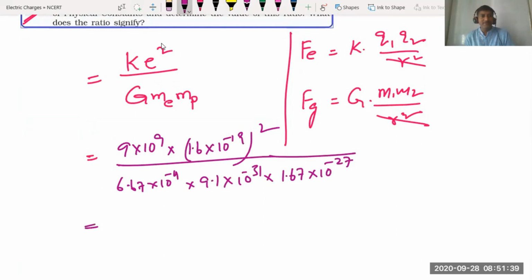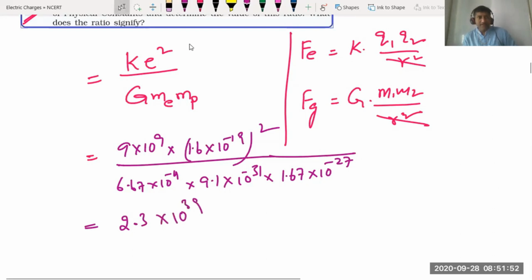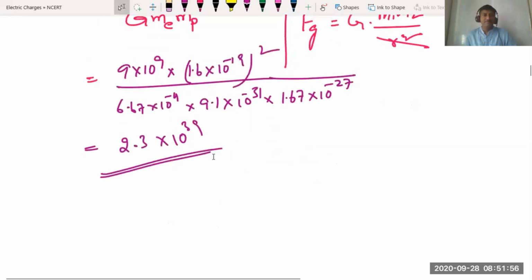If you solve all of this, you are going to get a value of 2.3 into 10 power 39, the final value.